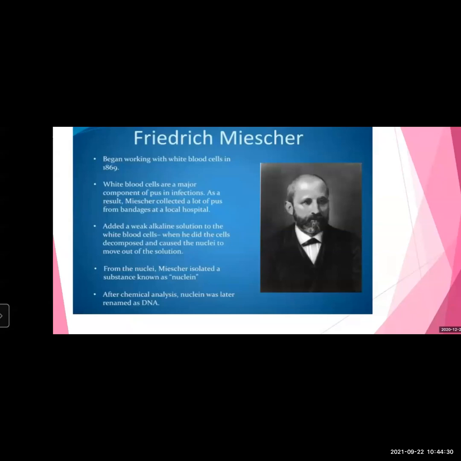After chemical analysis, nuclein was later renamed as DNA. When the chemical testing took place, they found that the components of that nucleic acid material were deoxyribonucleic acid. That is why they named it DNA, right? So this was the first person to identify DNA from the nucleus, Friedrich Miescher.